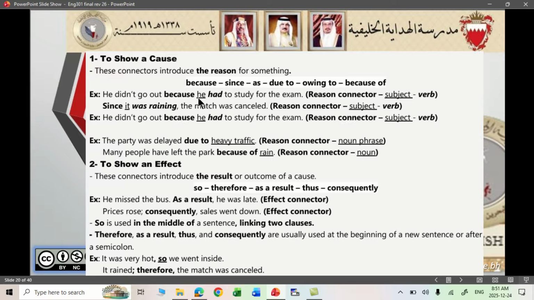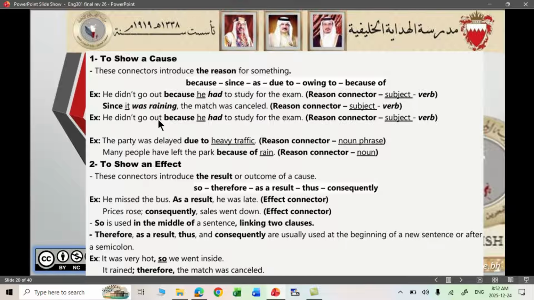So you can see after because you have he, the subject, had, that's the verb, to study, that's the complement. And here we have the reason connector, subject and verb, full sentence. Since it was raining, again, since, and we have the subject, was raining, that's the verb. The match was cancelled, the same thing, we have the subject and the verb.